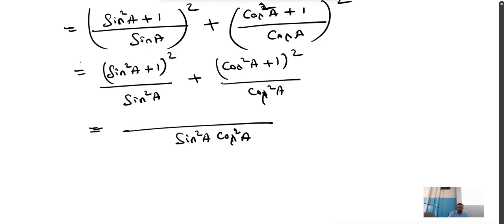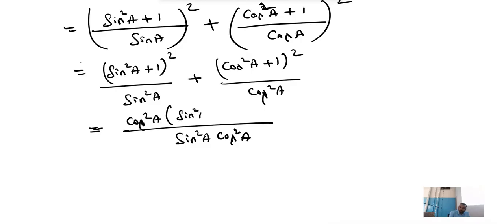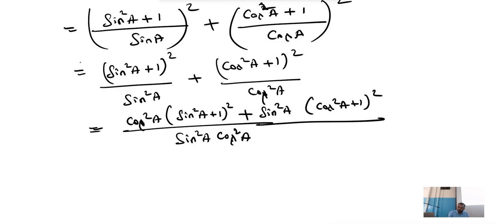So sin square A gets cancelled. So left out is cos square A into sin square A plus 1 whole square, plus sin square A into cos square A plus 1 whole square.